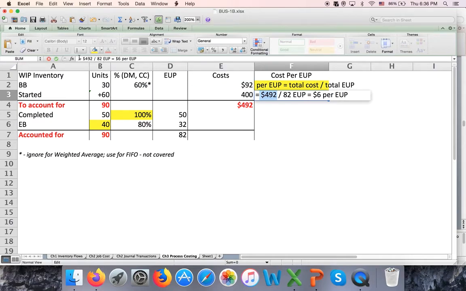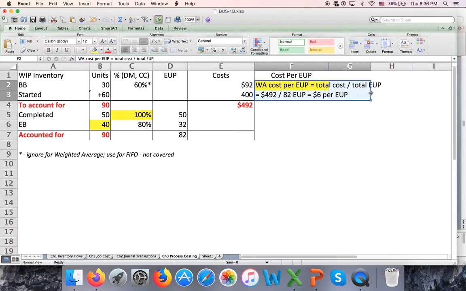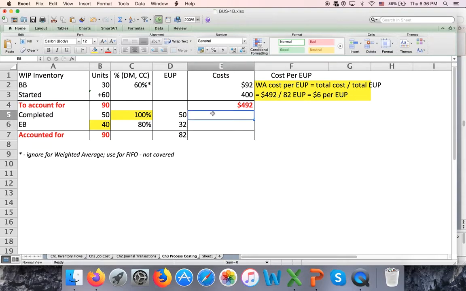Okay, it doesn't want to let me, so let's do it this way, and I'll just put it in yellow. This is our main calculation. This is what we're doing, right? And now, I completed 50 units. 50 units multiplied by $6. 50 units, and they're equal to EUP because they're completed.